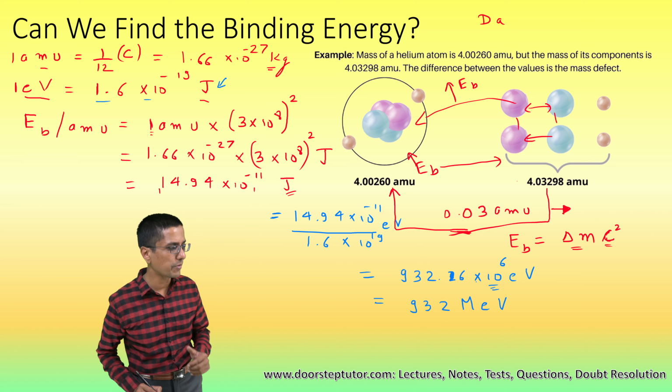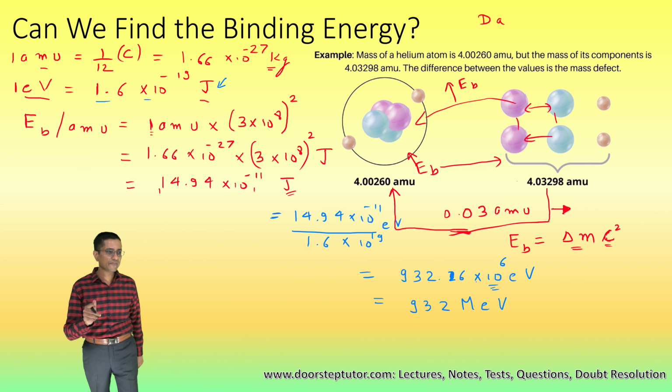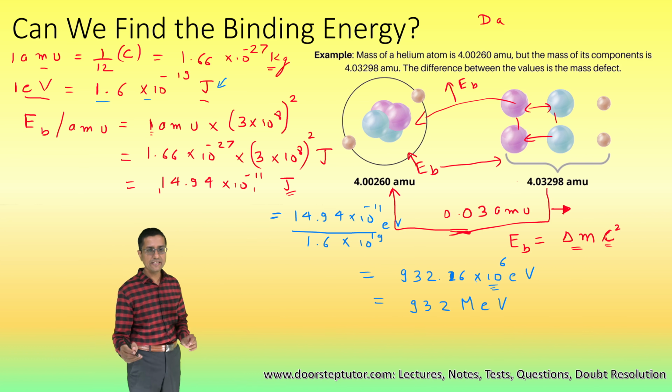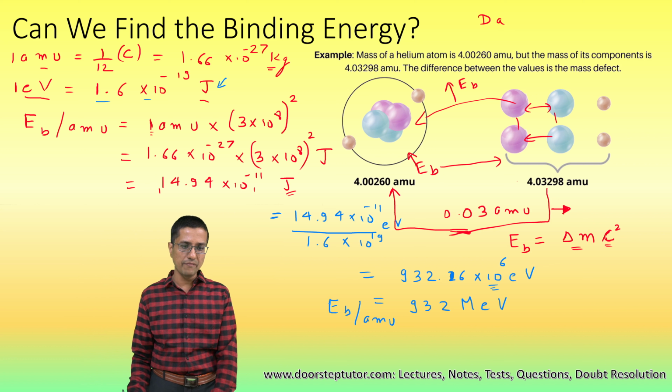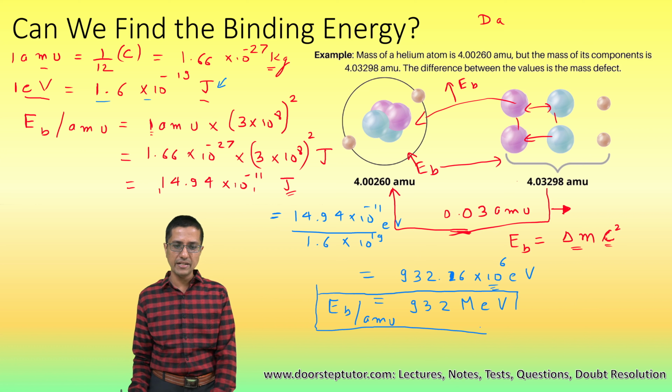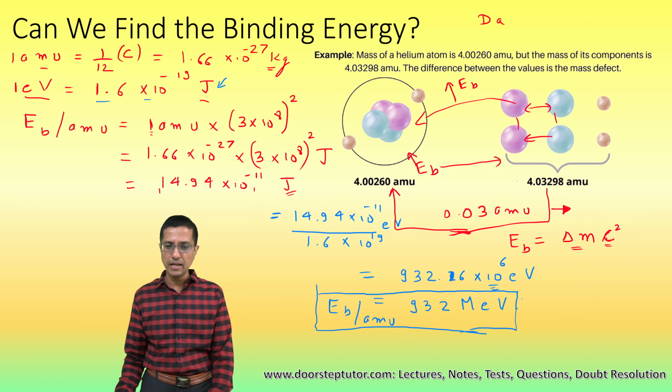This is very, very important. It is the binding energy EB per AMU. If the mass defect is 1 AMU, this is the binding energy that I will have. This is something that we need to remember if we want to solve the numericals very, very quickly.